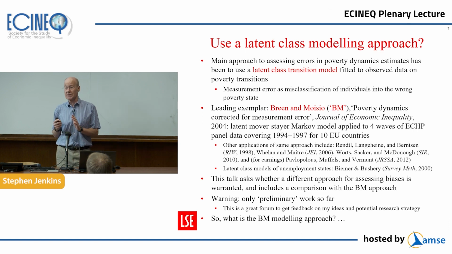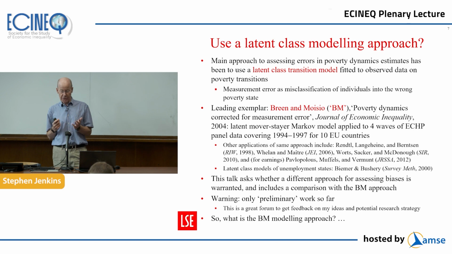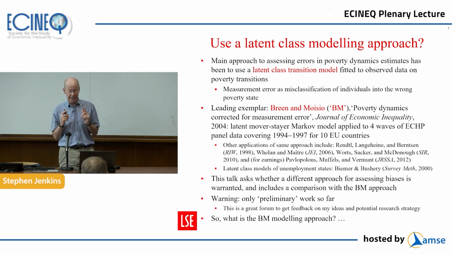And they used one of these latent class transition models, a latent mover-stayer first-order Markov model, and applied it to ECHP data, so essentially European data for four waves. There have been a load of other applications, not many by mainstream economists, but there are also, for example, models of unemployment status out there that also include these sorts of approaches.